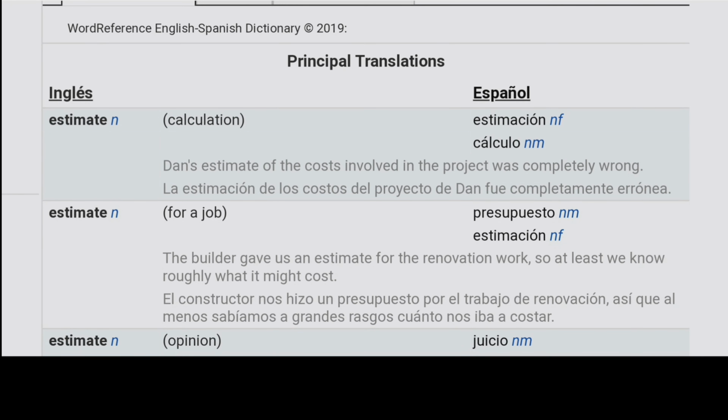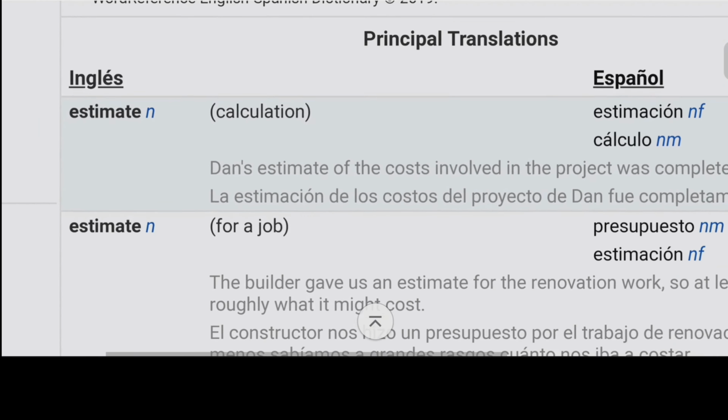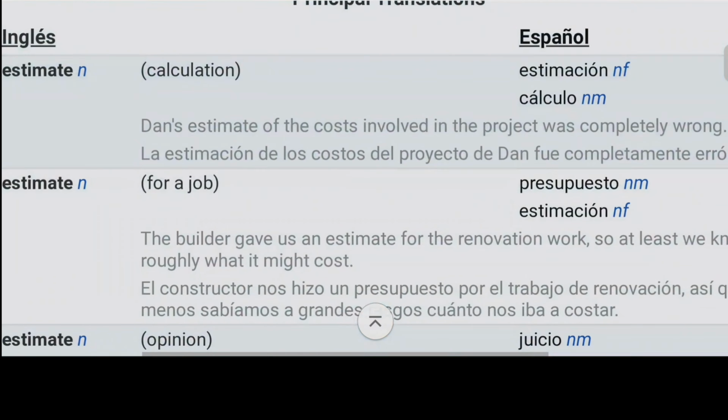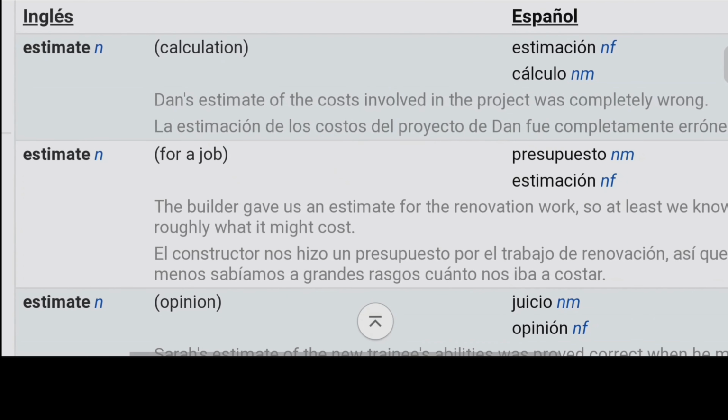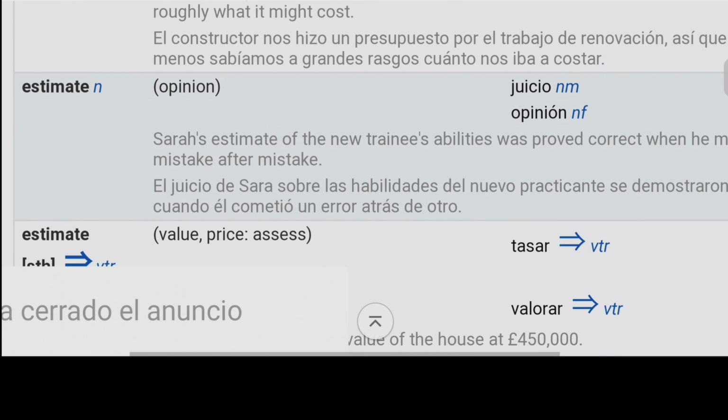So here we have estimate, the first entry here in the English-Spanish dictionary on WordReference. An estimate is a calculation, estimación o cálculo. No? So then we also have an estimate for a job, which is like a presupuesto or estimación. And then we have an estimate, someone's opinion, a mi juicio, mi opinión, bajo mi opinión.